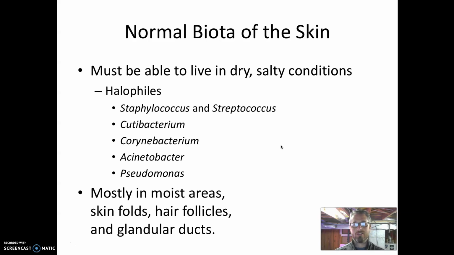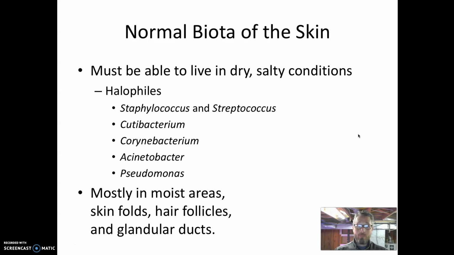So we provide this list of microorganisms only so that we can have a better idea of the origin of the microbes that are causing diseases of the skin as we study individual diseases. The last thing we'll say about the microbes that live on the skin is that they're most abundant in the moist areas, like our skin folds or near hair follicles, next to glandular ducts that are secreting things like sweat or sebum. The more vast, dry patches of our skin are much less inhabited by microorganisms.